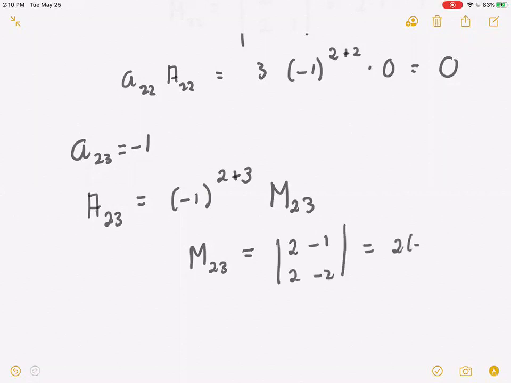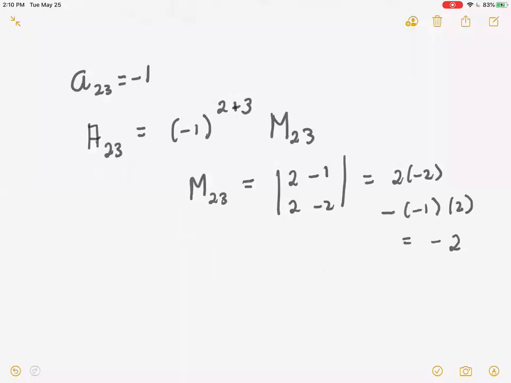So that's 2 times -2 minus -1 times 2. So that should give you -2. So there is a contribution from the third and final term in our expansion. It is -1, that's just A sub 2,3, times -1 to the 2 plus 3 power times -2. And you have 3 minus signs. They all multiply each other, so you get a final result of -2.